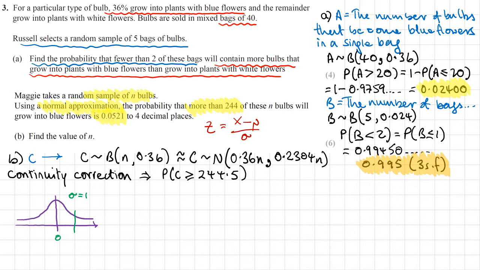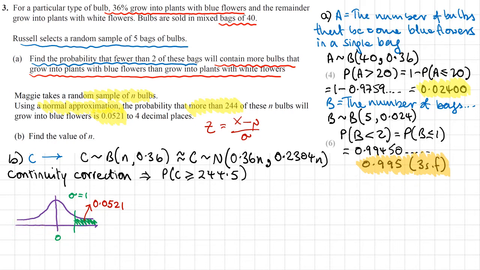So let me shade in that area, and I know that that area there is 0.0521. And I want to work out what this Z value is. So I can do that on my calculator by doing inverse normal. Now remember, when you do inverse normal, we want the area from the left. So I want this area here, unless you've got a graphic calculator, CG50, where you can specify left or right tail.